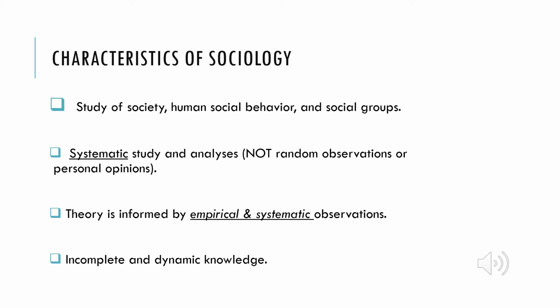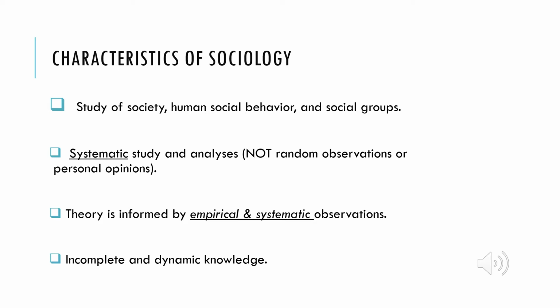The next key characteristic of sociology is that it is a systematic study and analysis. So what this means, and we will focus on this more when we talk about research methods, is that sociologists utilize the scientific method, regardless of what kind of research they do, in order to collect data and observations, to observe patterns, and to generate knowledge for the discipline.